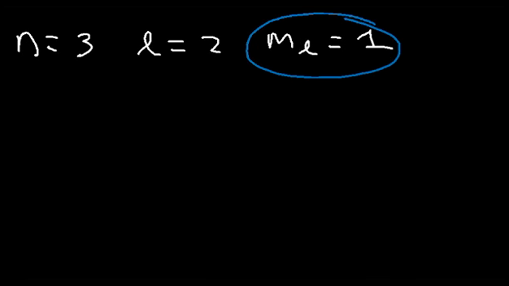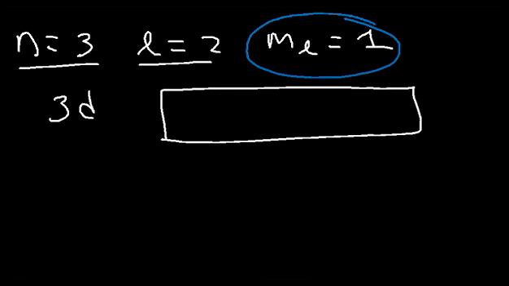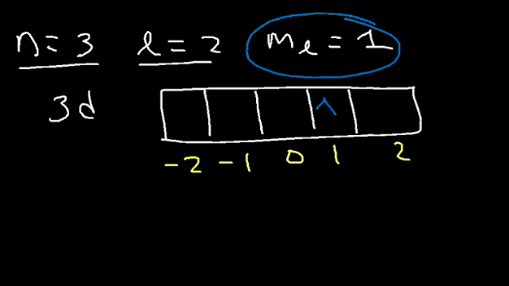So if you have n, l, and ml, the answer is always 2. It's always 2 electrons. So when l is 2, we have the d sublevel, so this is 3d, and there's 5 boxes. 1, 2, 3, 4, 5. ml can vary between -2 and 2, and so there's 2 electrons that have an ml value of 1. So the answer is 2.